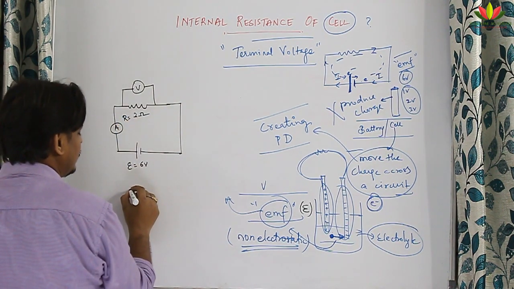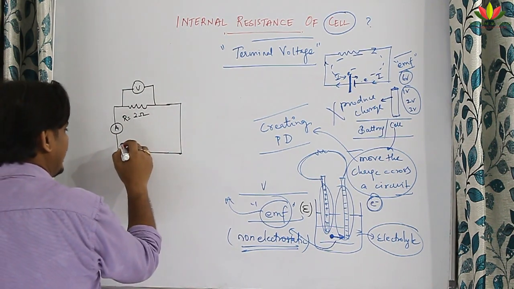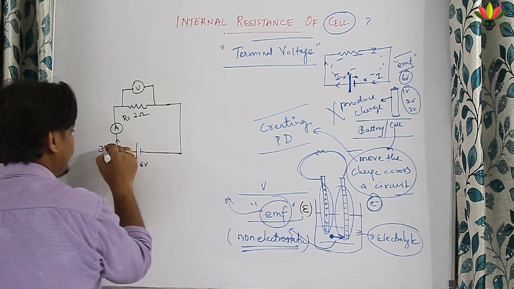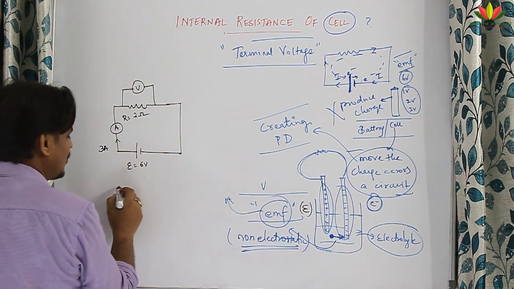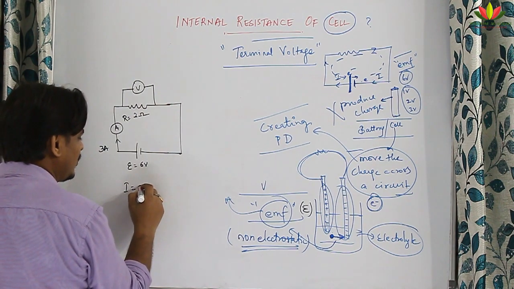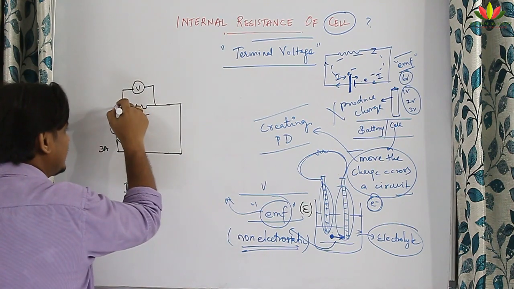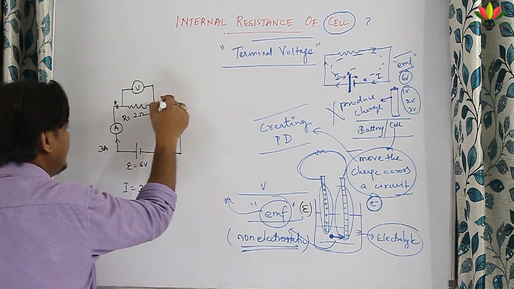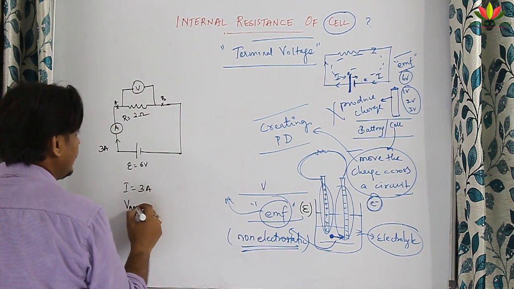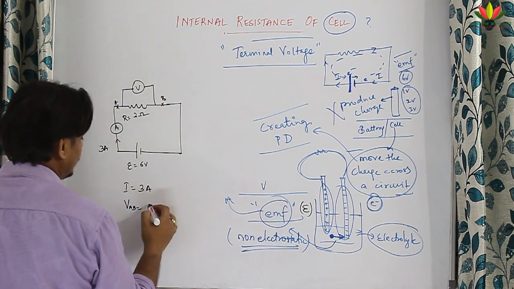We know that V is equal to IR, so I is equal to V by R. So, 6 by 2, definitely 3 ampere will come. What should be the reading of the ammeter? I will be 3 ampere. Labelling the ends A and B, V across AB using the voltmeter should be IR, 3 into 2, so 6 volt.